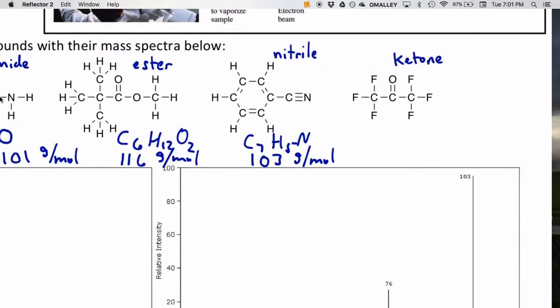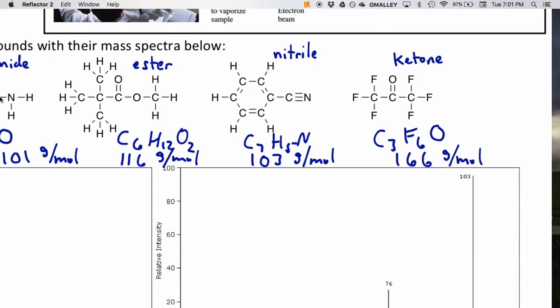And lastly, the ketone is 3 carbons, 6 fluorines, and 1 oxygen. Interestingly, no hydrogen atoms. I go and I look up fluorine's atomic mass, because I didn't do it in the beginning. Fluorine weighs around 19, so I add that up and I get 166 grams per mole.